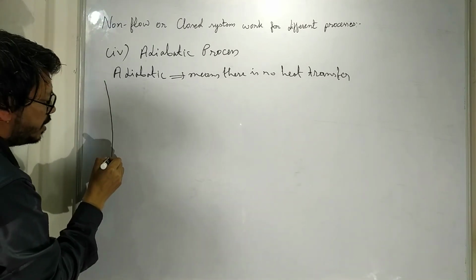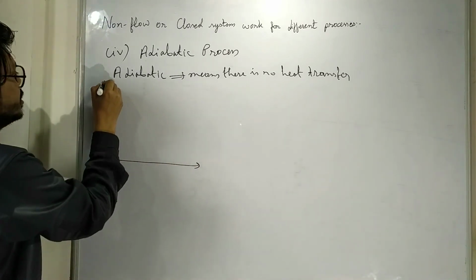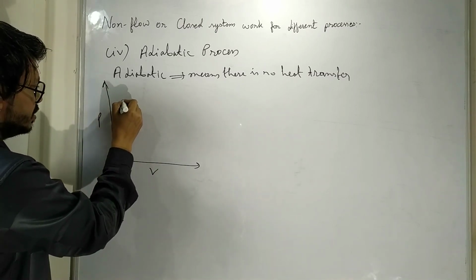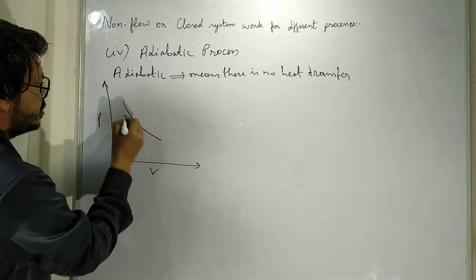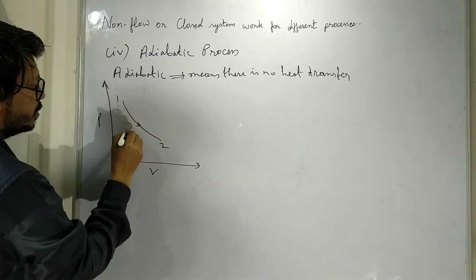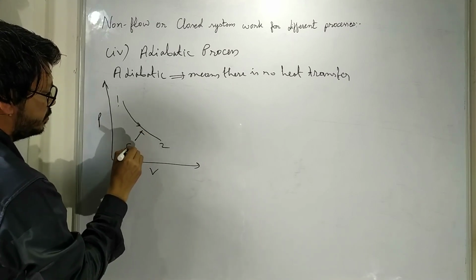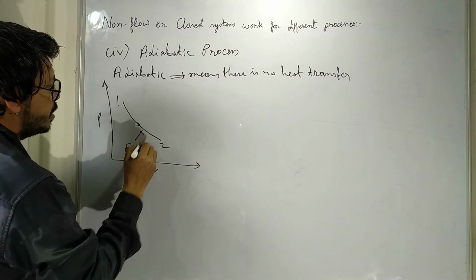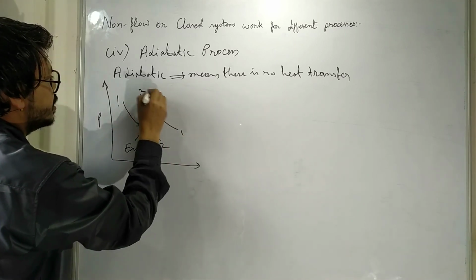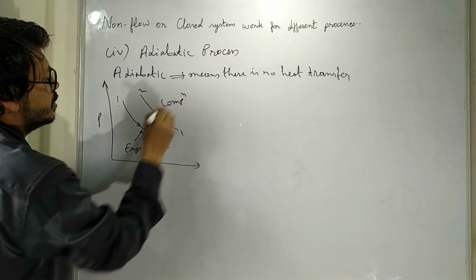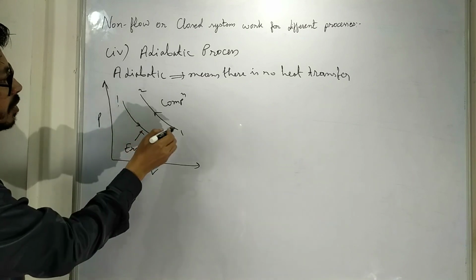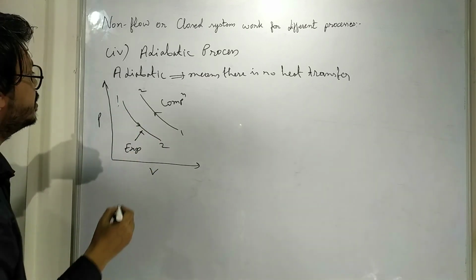If you see this graph, the process is represented in the PV diagram as this is a process from 1 to 2. This is for expansion, and this is for compression. Since the volume is increasing here, this is an expansion process, and volume is decreasing here, it is a compression process.